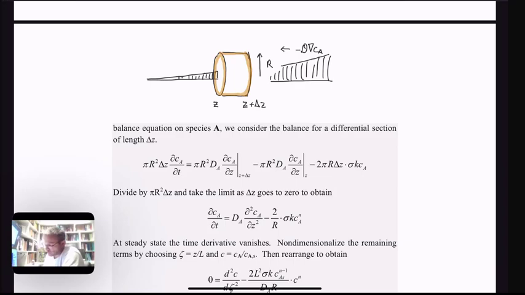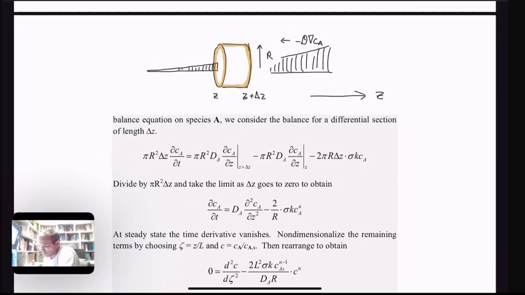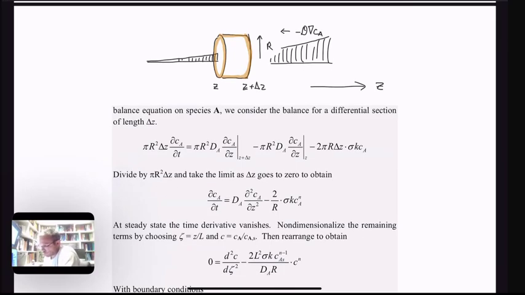There's the cross-sectional area, the diffusivity, and dCA/dz. Remember in the diagram that the z-axis goes this way. So if the concentration gradient is positive as drawn, then that is flow of species A into the volume element. And so there's no negative sign here.